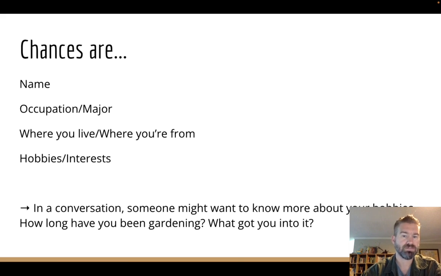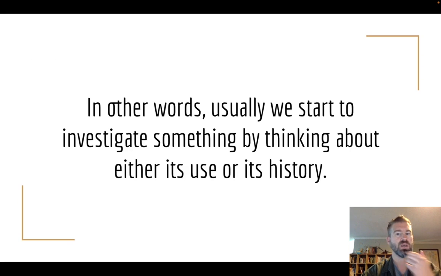Now, again, then we might think about in that conversation why somebody focuses on a certain hobby like gardening or what got you into it and things like that, which continues to expand that introduction. So usually we begin to investigate something by thinking about either its use, how we use it, or its history.